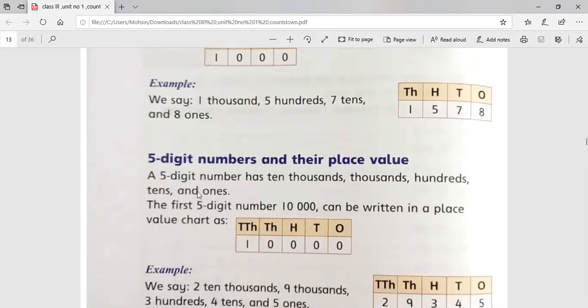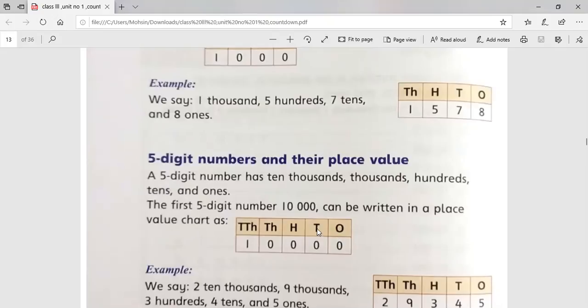Now we are going to learn about five-digit numbers and their place value. When we have five-digit numbers, it means we have ten thousands, thousands, hundreds, tens, and ones. The first five-digit number, 10,000, can be written in a place value chart.